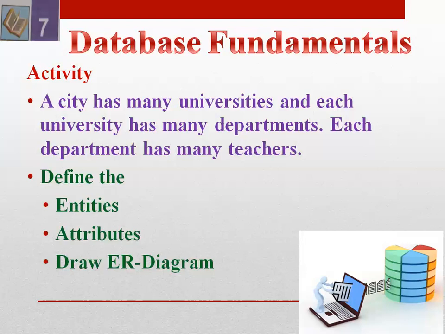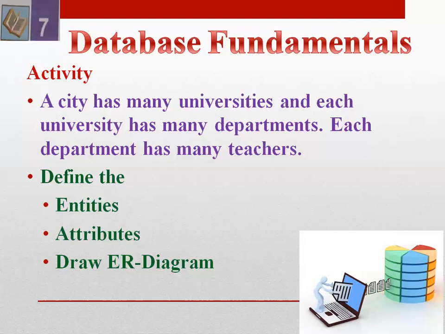Then department ID, department name, and then your entity teacher: teacher ID, teacher name, qualification, subject. And in the last you have to draw the ER diagram, the entity relationship diagram, for these entities.